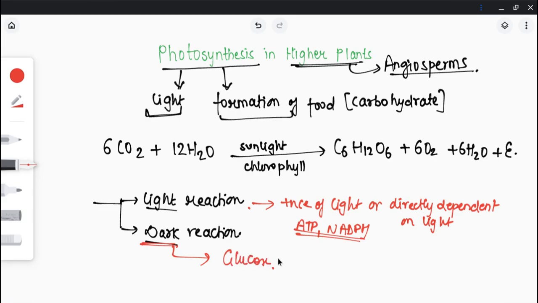Okay. So we have to learn in this chapter how light reaction is going on and how dark reaction is going on. Apart from that, in the very starting of the chapter, we have to learn the contribution of different scientists, what work they have done in the field of photosynthesis.